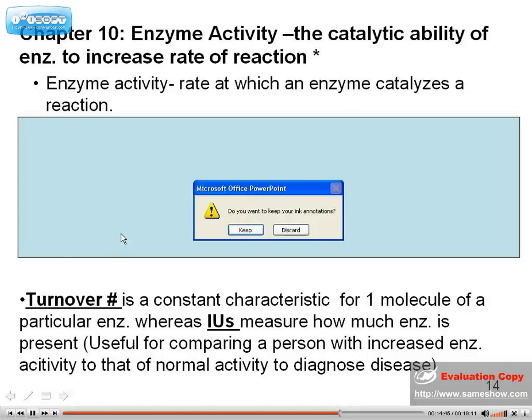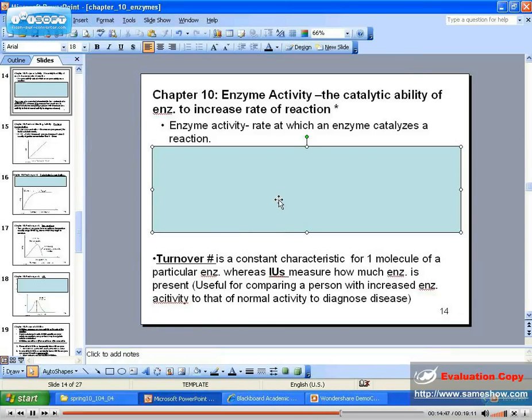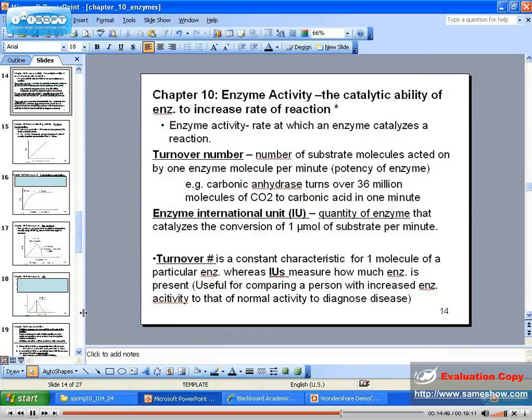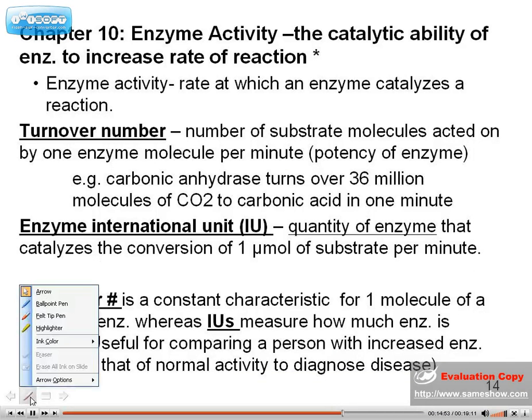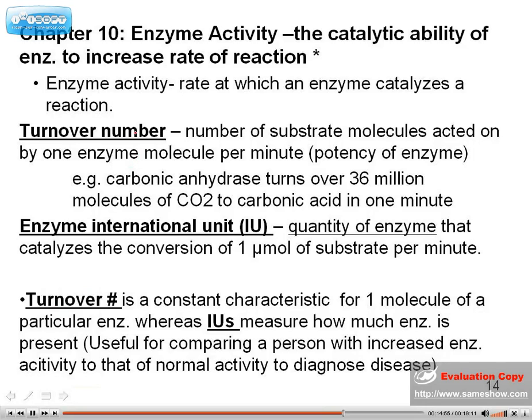Now, we need a way of telling people how potent or how much enzyme is present during enzyme activity. If we're taking a look at one single enzyme and we want to know how potent it is, then we look at its turnover number.